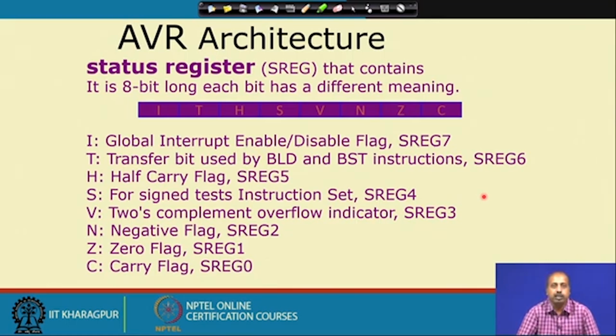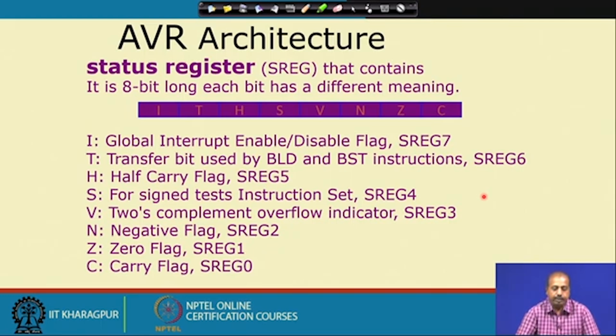This is a sign bit. If the content is signed negative, then the S bit will be 1, otherwise it will be 0. Then the V bit is the 2's complement overflow indicator. When we are doing the operation, there may be some overflow in the 2's complement representation, so that is the overflow information.